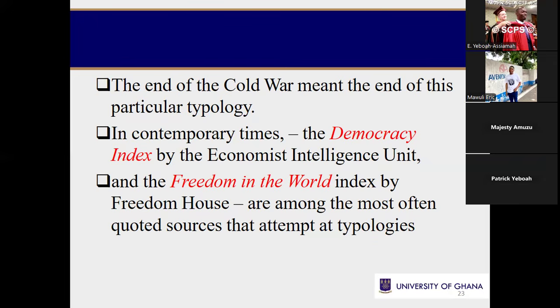But clearly, you see that these theories came during the era, the golden age of comparative politics. Which period is described as the golden age of comparative politics? Which period was that? 1940s. Okay.